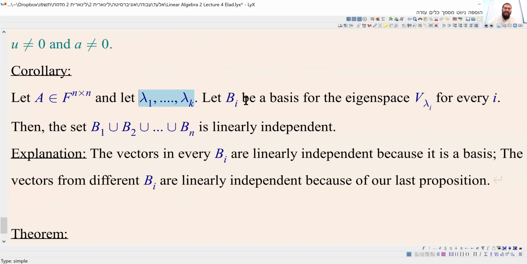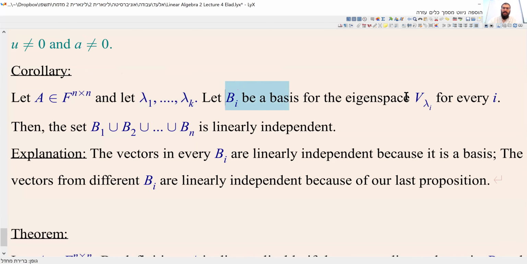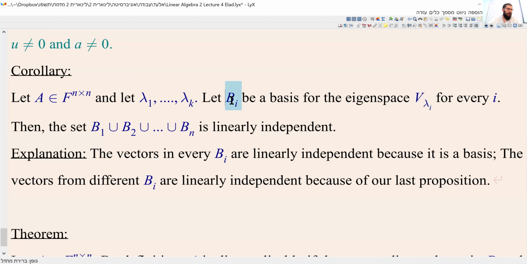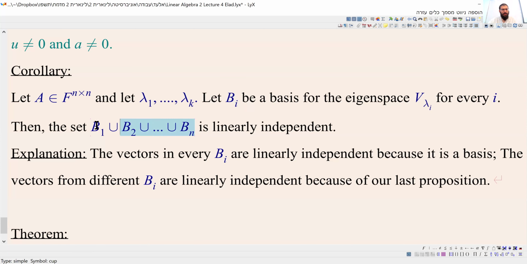Every such space has an infinite number of bases, probably. But what I say is that for every such eigenspace, of which there are k, nothing more, we take some basis Bi, and the union of these Bi's is also linearly independent. The number of B's is not n, it's k.